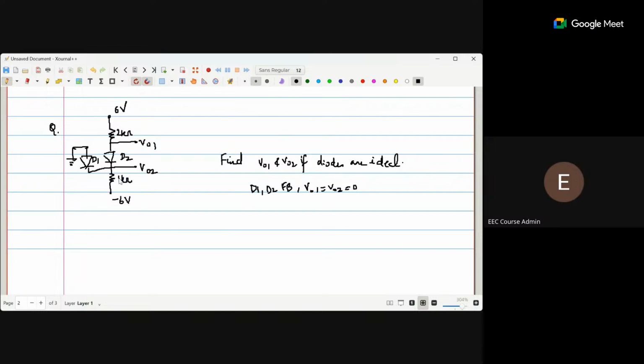You will be saying it in some other words. I say it with reference to the diodes, you are telling with reference to the node voltage. Yes, ma'am.